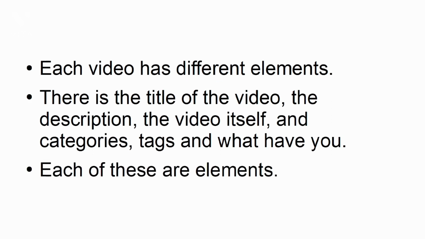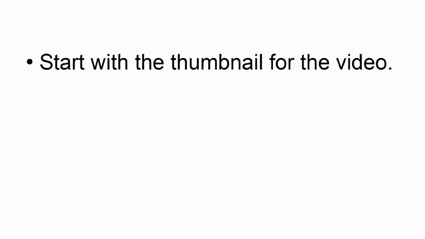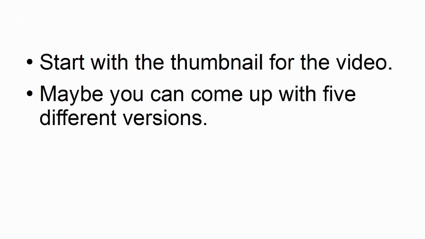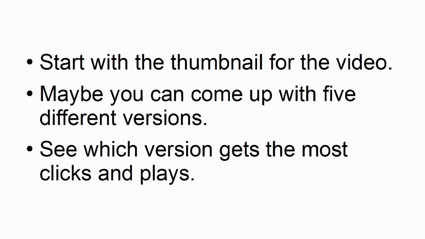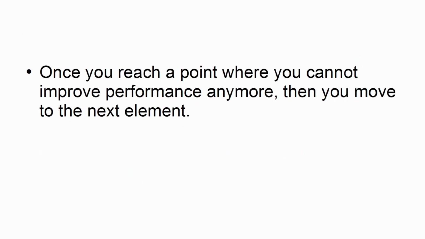Each of these are elements. When you're optimizing a video, start with one element. For example, start with the thumbnail for the video. Maybe you can come up with 5 different versions. See which version gets the most clicks and plays. Come up with more versions of that successful thumbnail and see if you can improve the click-through. Once you reach a point where you cannot improve performance anymore, then you move to the next element.